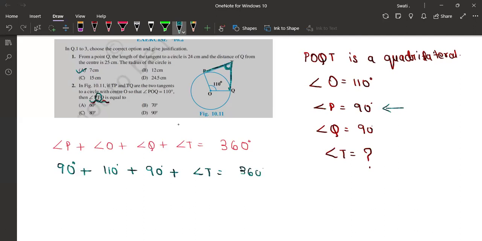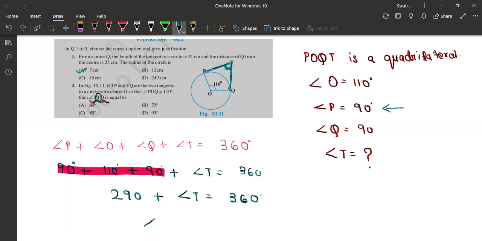Now can you tell me quickly what is 90 plus 110 plus 90? This is so simple. What is 110 plus 90? 200. And what is 200 plus 90? 290. So will it not be 290 plus angle T is equal to 360 degrees? Manya? Yes.